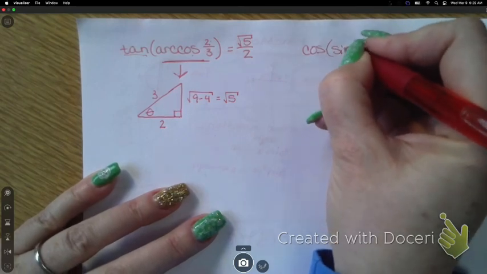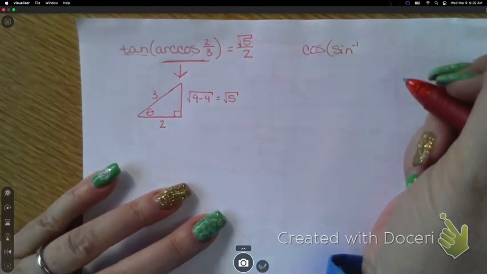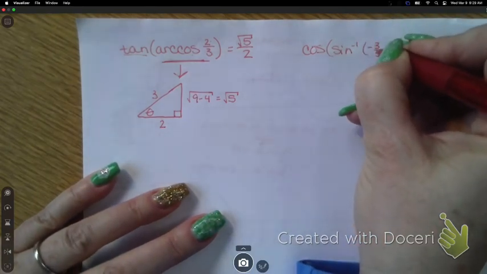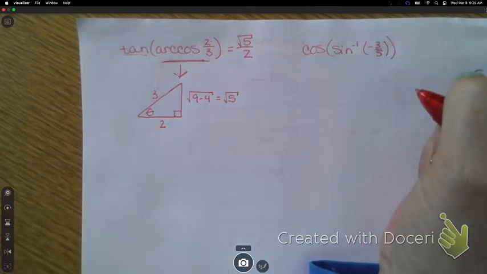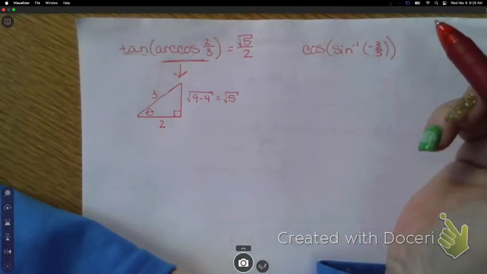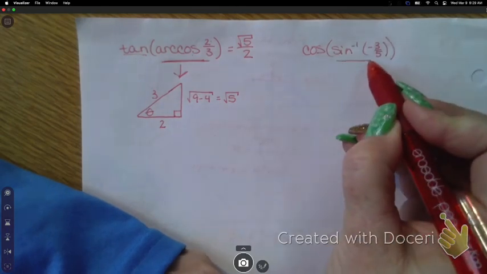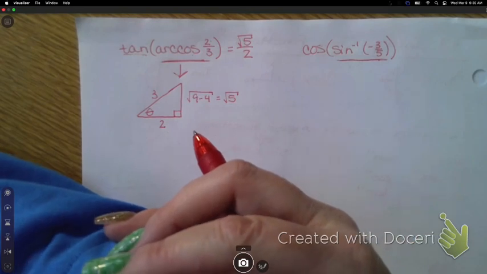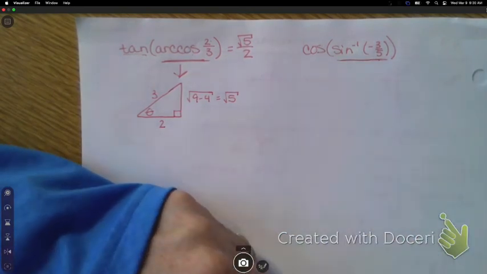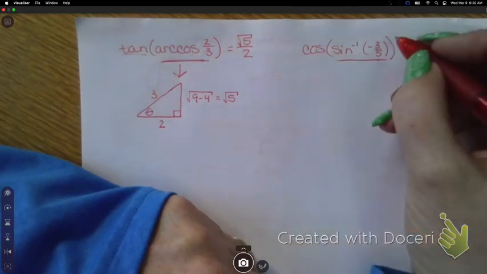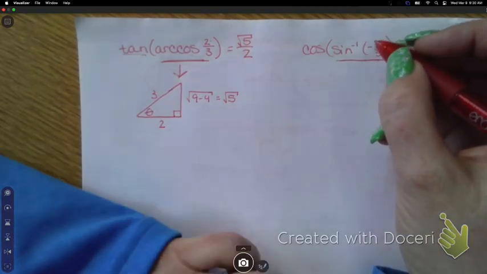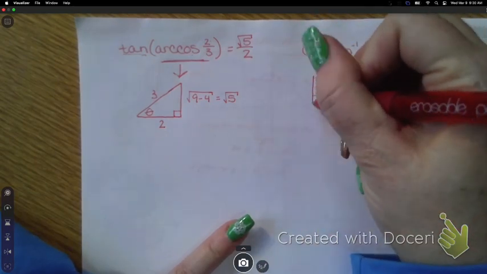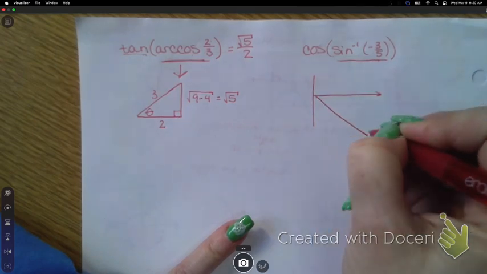Okay, so then I have the cosine of the inverse sine of negative 3/5. Now, this is where it's important because we know we're restricted to the sine first. Sine is first and fourth quadrant. And so we're negative, so we're in the fourth. So I'm going to draw my triangle like it's in the fourth quadrant, because it will help me.